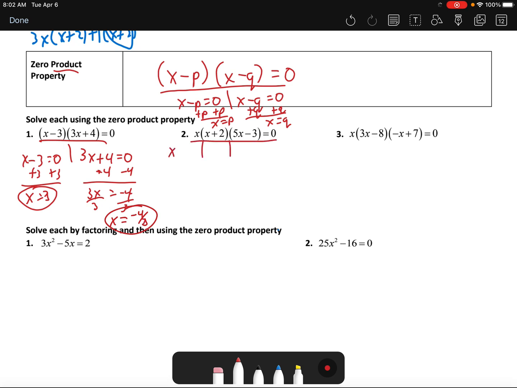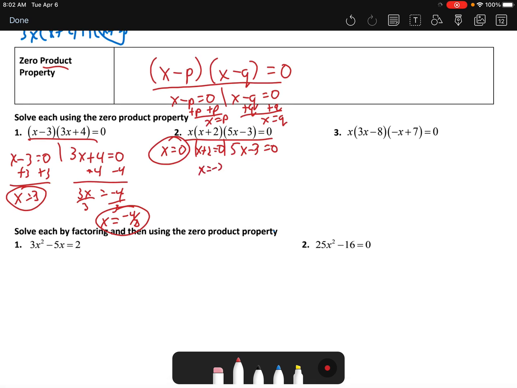Now this has 3 factors, so we got to set each of these equal to 0. So, hey, there's one answer, x equals 0. That's going to be negative 2, right? Because we're going to subtract 2. This one we would add 3 and divide by 5, so 3/5.